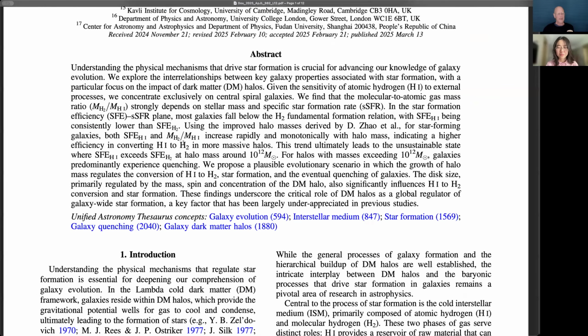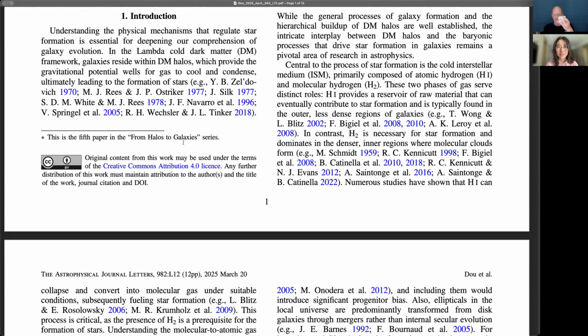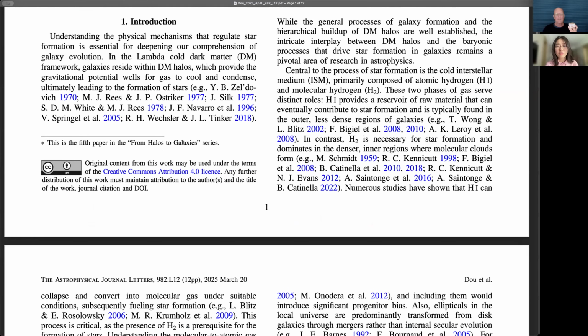Okay, let's go. Dark matter halos, star formation. I think I will start with a basic introduction. We know that one key question in galaxy evolution is to understand the physical mechanisms that drive star formation.